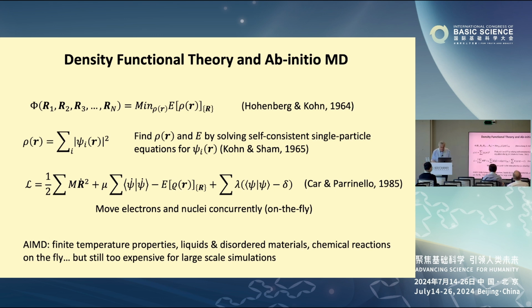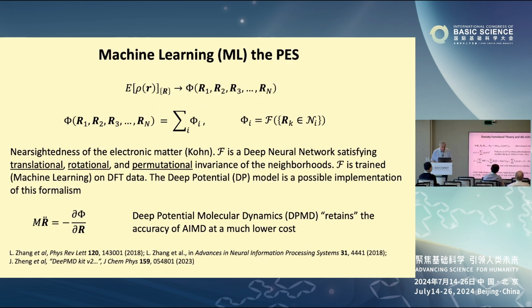difficult situations. So here is where the revolution of machine learning came in. Using machine learning and neural network representation, one can represent the potential energy surface that is given by the minimum of this Kohn-Sham Hohenberg functional in terms of atomic energies.